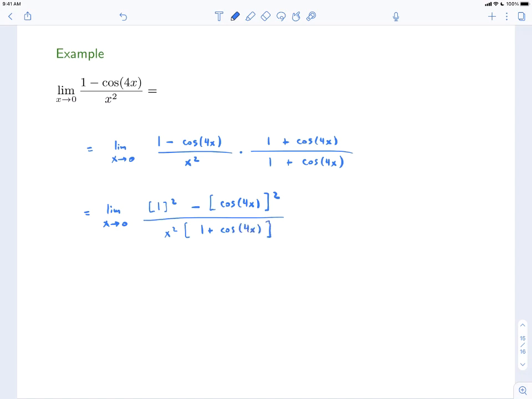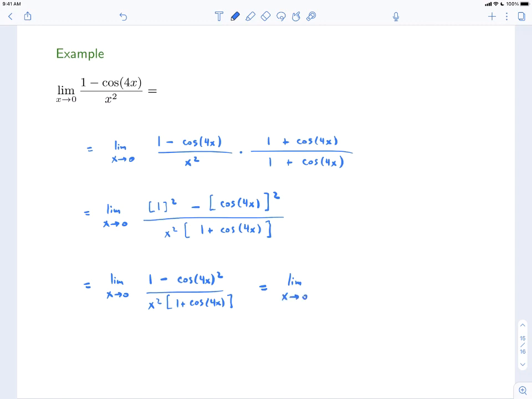Okay, well, in the numerator, what do we have? We have the limit as x goes to 0 of 1 minus cosine of 4x quantity squared, divided by some stuff in the denominator. Well, what is 1 minus cosine of something squared? By the Pythagorean identity, that's going to give us sine of something squared.